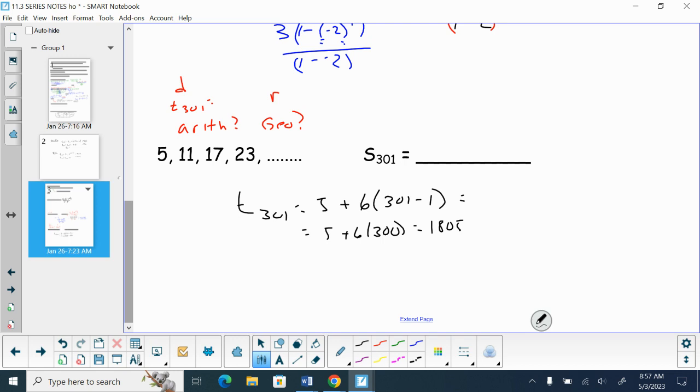Should get term number 301 to be 1805. And then you can take the average of your first and last term, 5 plus 1805, and then multiply it by the total number of terms, which is 301.